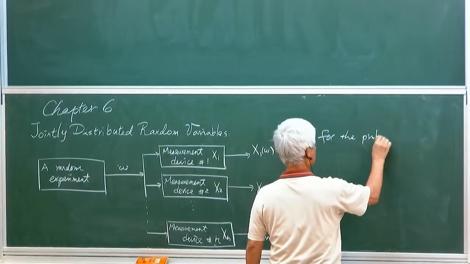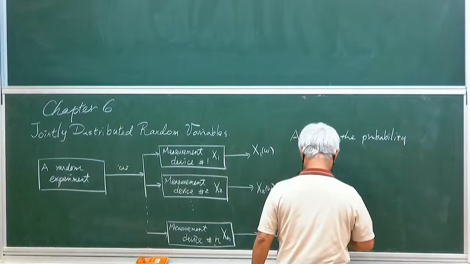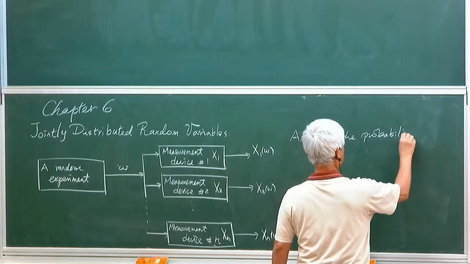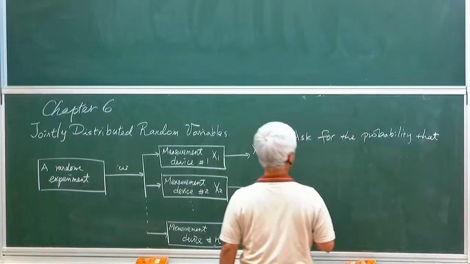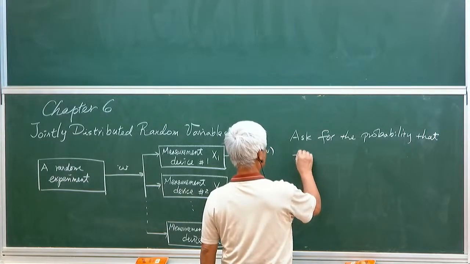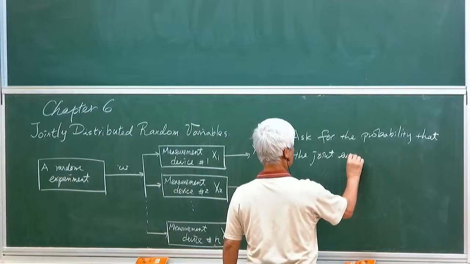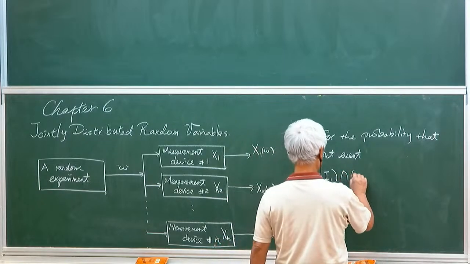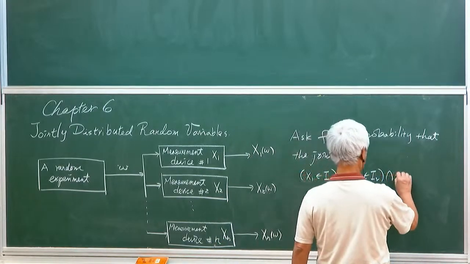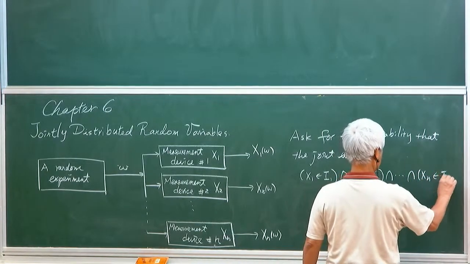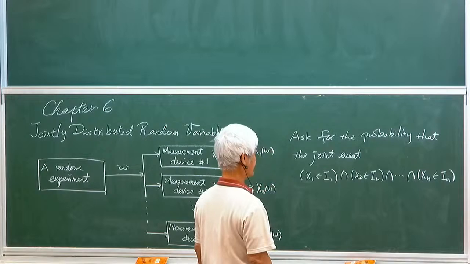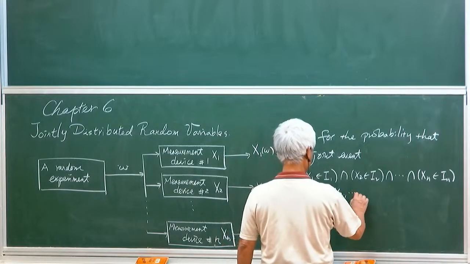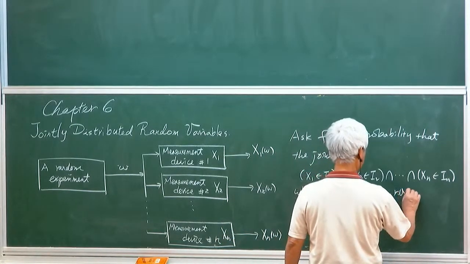Okay, and we usually ask for the probability that the joint event x1, x2, up to xn, when x1, x2, up to xn are random variables.